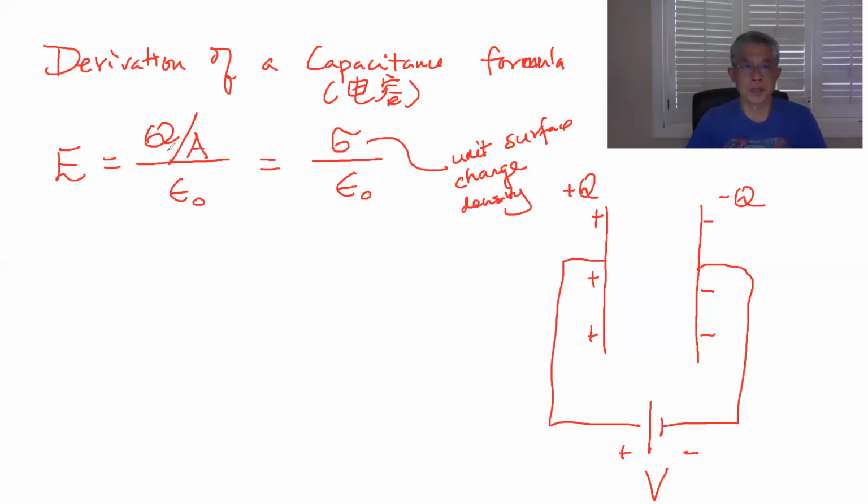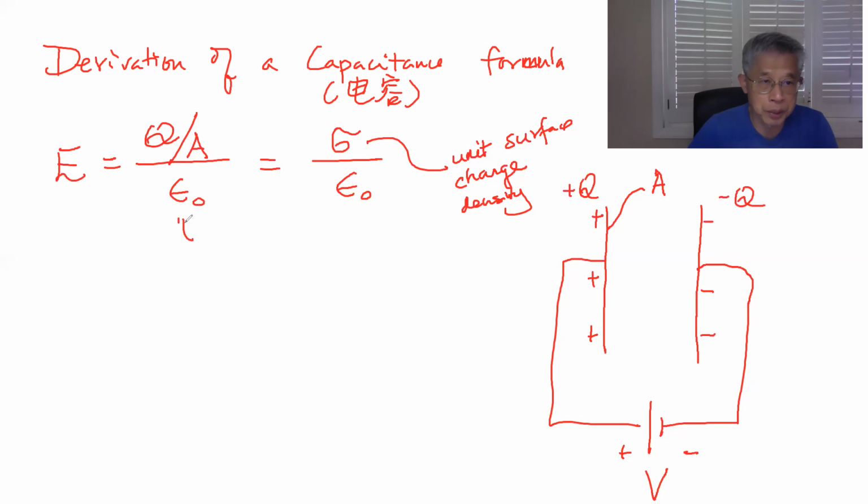That's Q divided by A. So this is Q, and that's also Q. So this is positive, negative, and the area of this plate is A. So you can calculate this Q divided by A, based on the area and the charge that's on the plate.